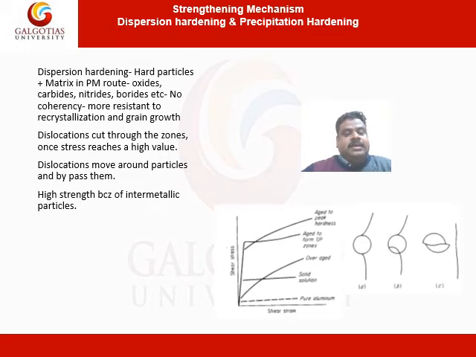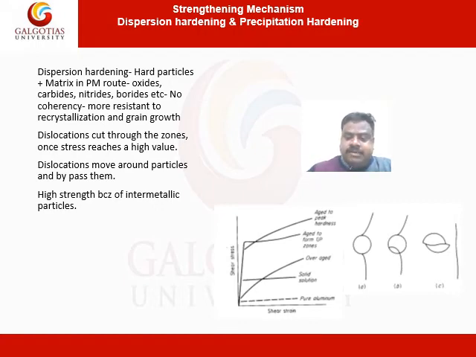These dispersed particles, though they are not arranged with coherency, give more resistance to recrystallization and grain growth. When the dislocations pass through, they cut through the particles if the stress reaches a high value. But generally the dislocations move around the particles, form a loop and bypass them, because of which we get a very high strength due to dispersion hardening.